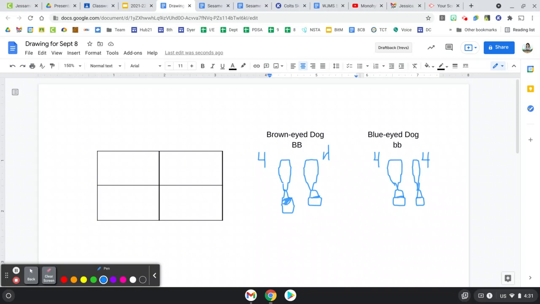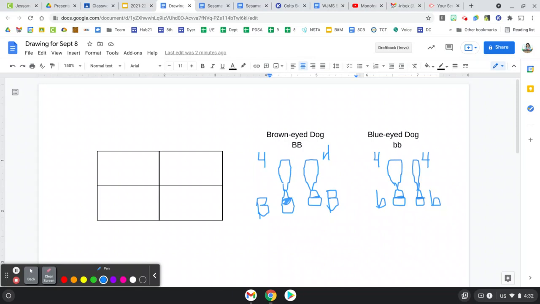So for the brown-eyed dog, that's going to be, for our purposes, homozygous dominant. And for the blue-eyed dog, it's going to be homozygous recessive. And so there's the little eye color place for the genes. Okay, and those little marks across there are just showing where the eye color genes are located on the chromosomes.